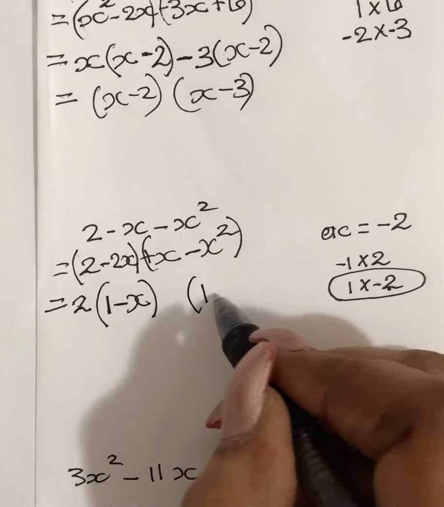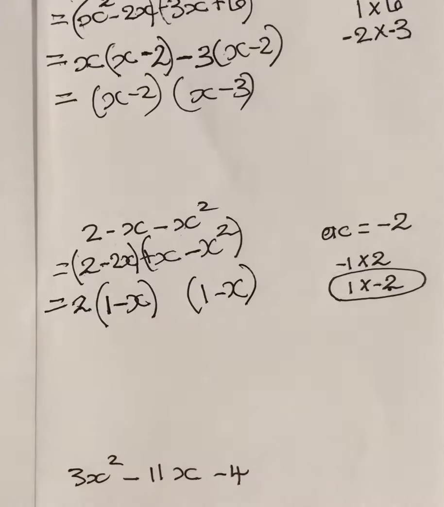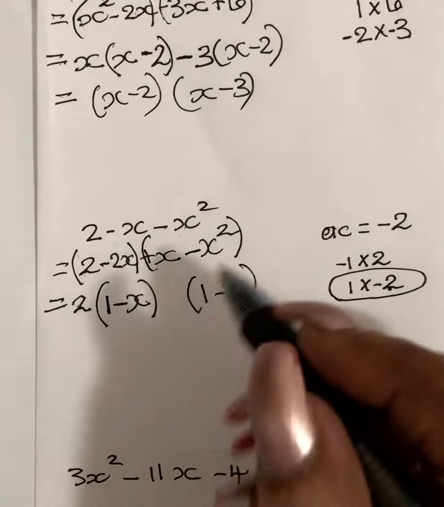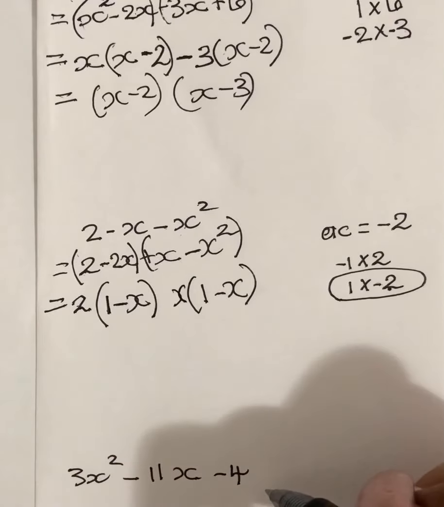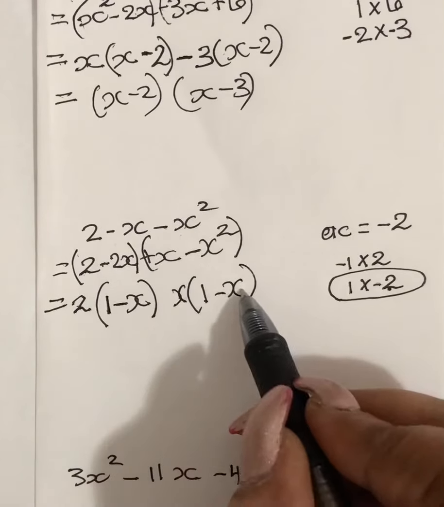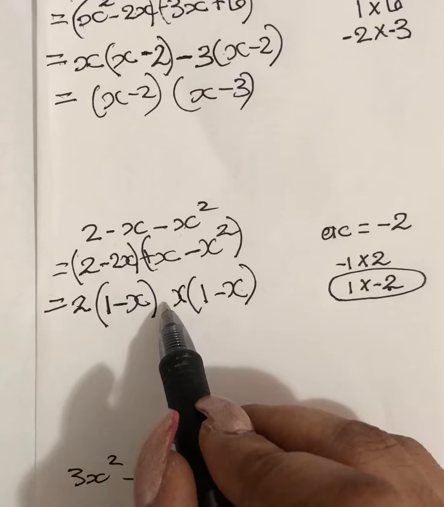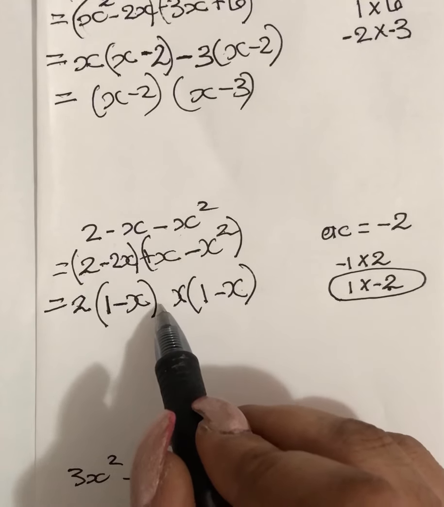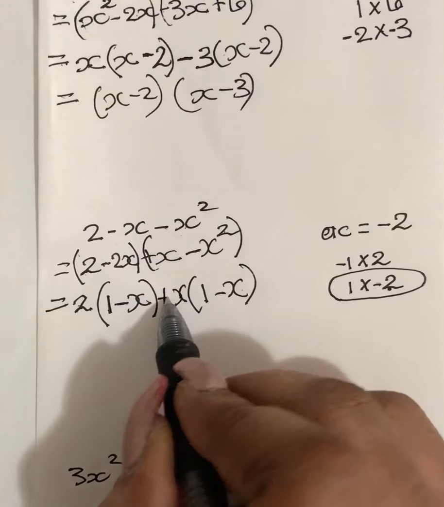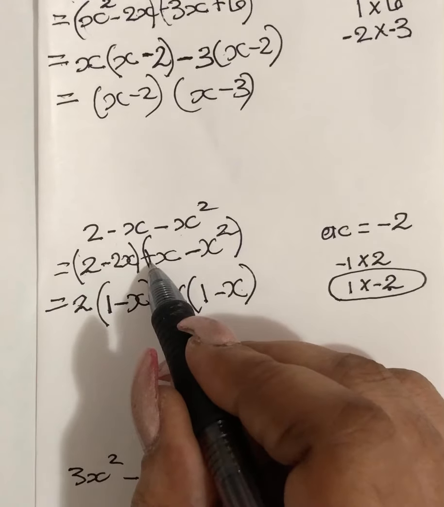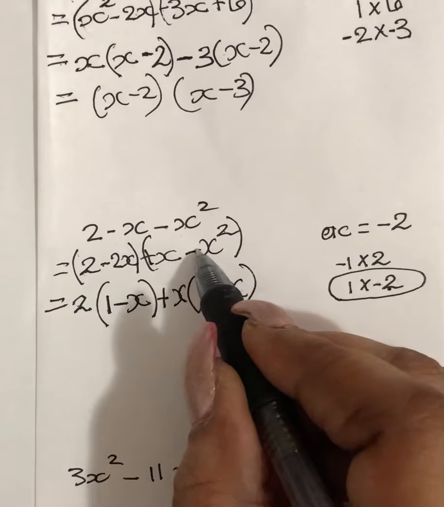Remember, what is in one must be identical for the other. 1 multiplied by x will give me back x. And when I multiply x by x, I'll get back x squared. I need a sign for down here. What sign do you think we'll put? We'll put plus, because we want to get back a plus and we want to get a minus.